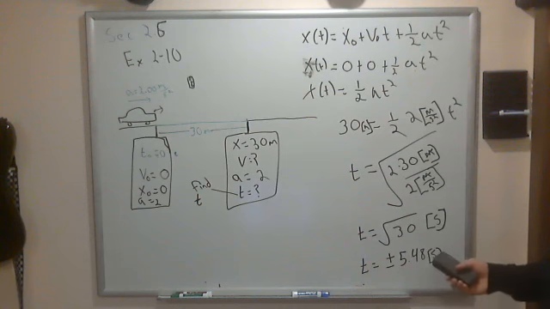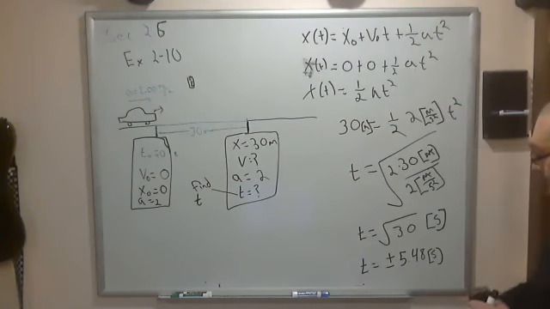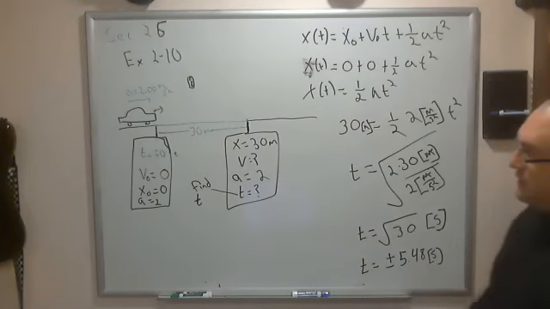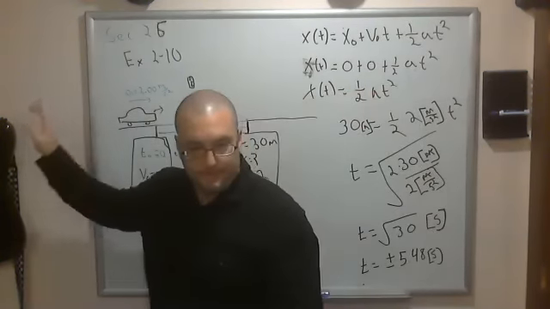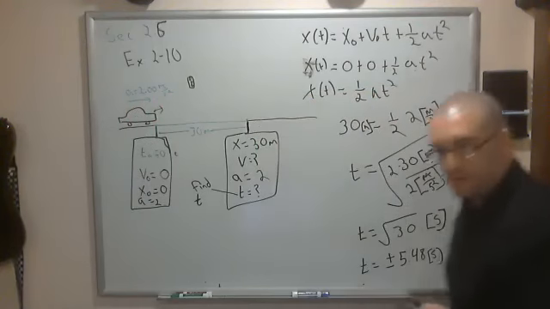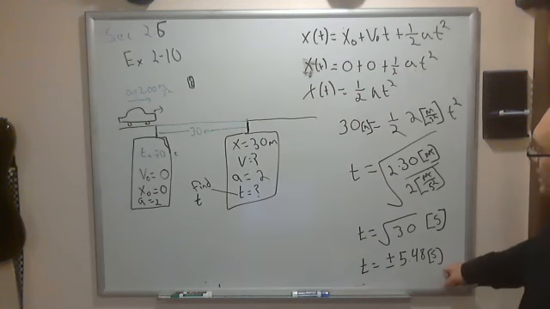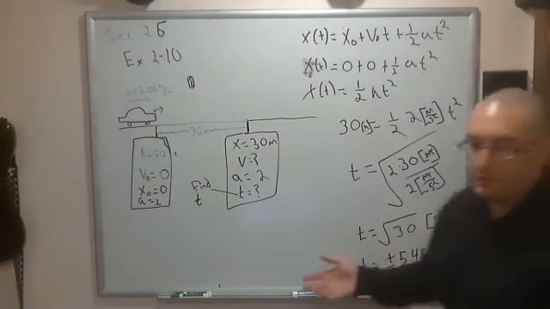This is where the mathematics and physical reality sort of diverge. What does negative time mean? It means the time before it started moving, right? And this represents the time, if it was under the same acceleration, the time before it was moving. But that's not what we care about in the problem.